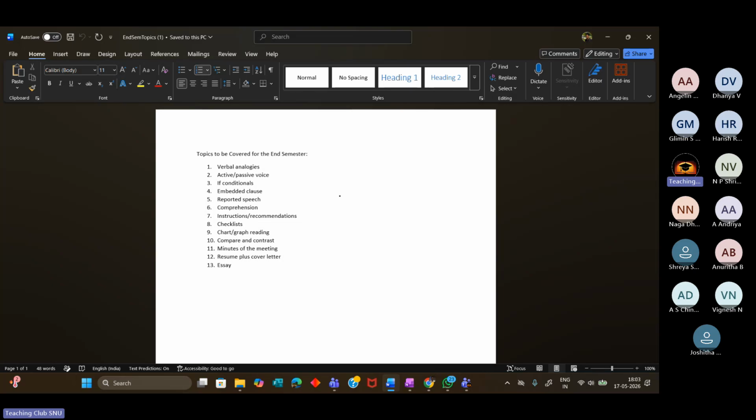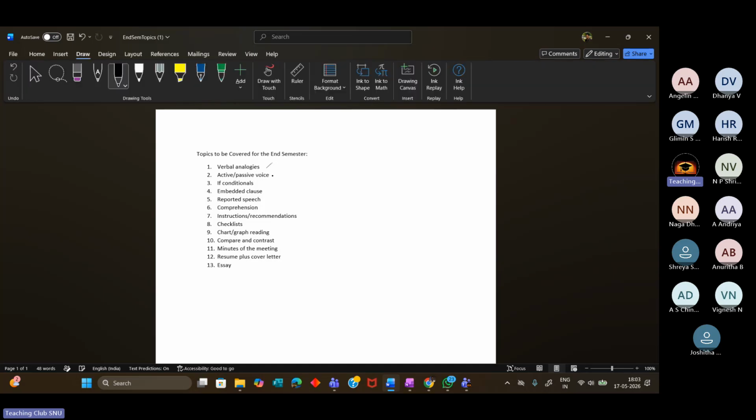The portions which require format were beautifully explained by your batchmate and my junior. So as of now, we have verbal analogies, active and passive voice, if conditionals, embedded clause, reported speech. That's it.